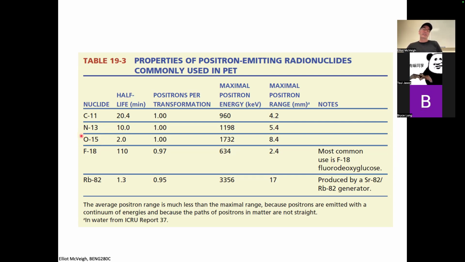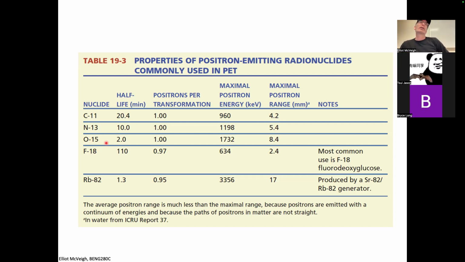But you can put this in water, H2O. If it's H2O with oxygen-15, that gives you a tracer when you inject it into the patient that's just water, so it will go everywhere. The blood-brain barrier isn't a problem. It goes straight into the tissue right away. It just diffuses like water.